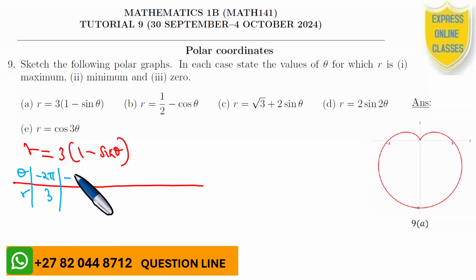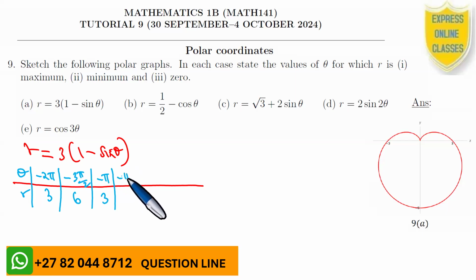And then we have minus 3 pi over 2, the sine of which becomes a 1. 1 plus 1 is 2, giving us 6. Then we're going to have minus pi. The sine of minus pi is 0, giving us radius 3.